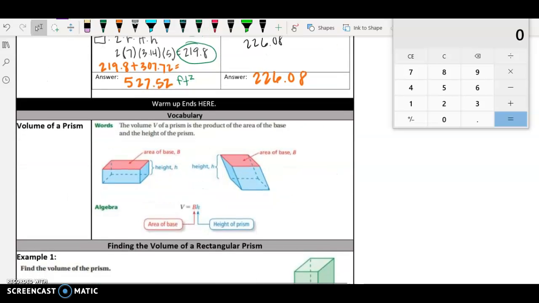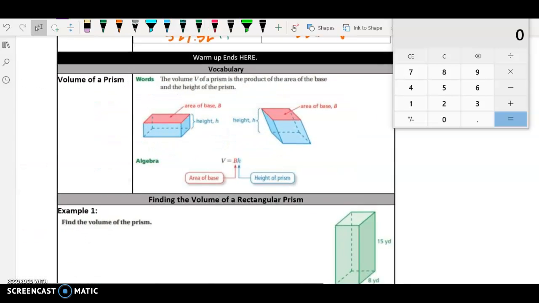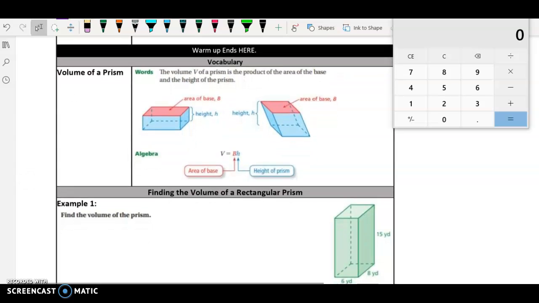All right, so now starting our next topic, which is 10.3, we're finding the volume. So volume is if we were to fill up the box. So like for this one, think of it like a box. If we were to fill it all the way up, how much of that product can fit inside the box.